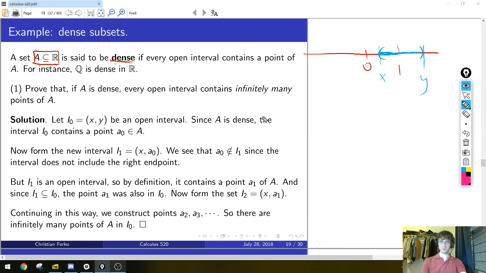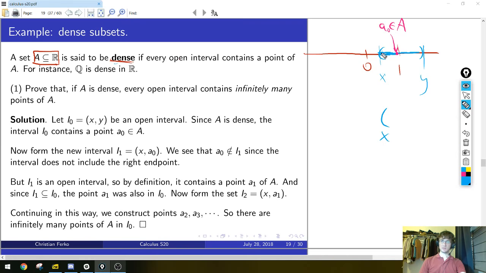Here's how I will use that. Start with this interval I0. Since A is dense, there must exist some single point a0 which belongs to A in that interval. So there's one point. Now we form a new interval, I1, which comes from just slicing this.